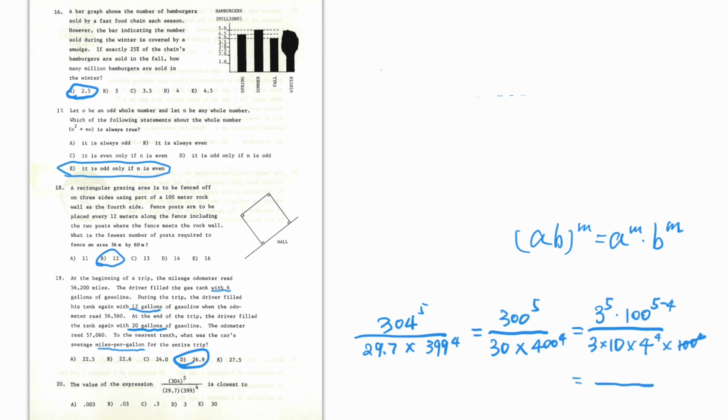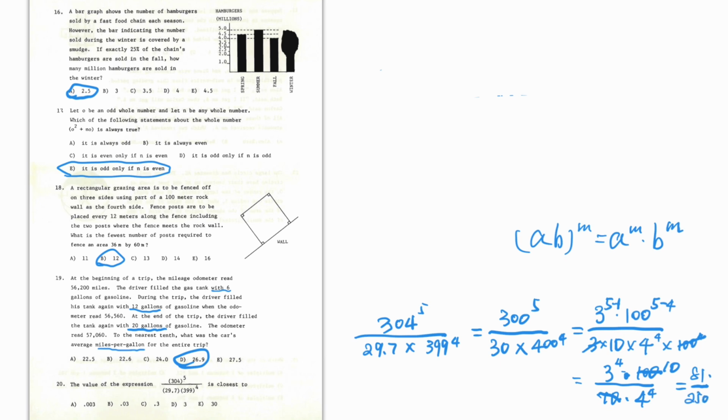Now that's the 100. And the 3 and the 3 to the power 5 cancel, leaving 3 to the power 4. Now the numerator is 3 to the power 4 times the 100 over 10 times 4 to the power 4. Cancel the 10 and the 100, give another 10. 3 to the power 4, that's 81. 4 to the power 4, that's 256.